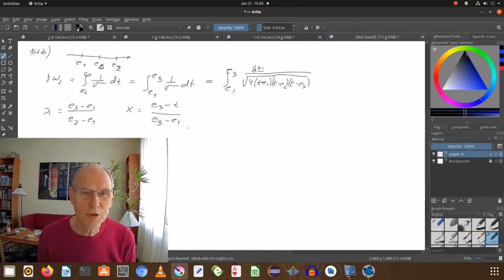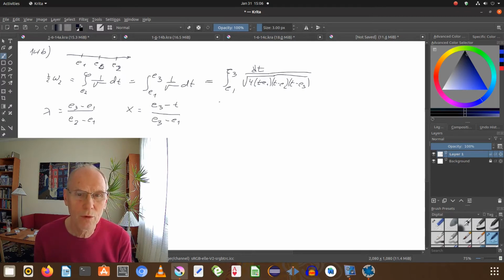And to make the substitution, we need to isolate t. Now what was that? Oh, it's already isolated. So there's no point of doing that.